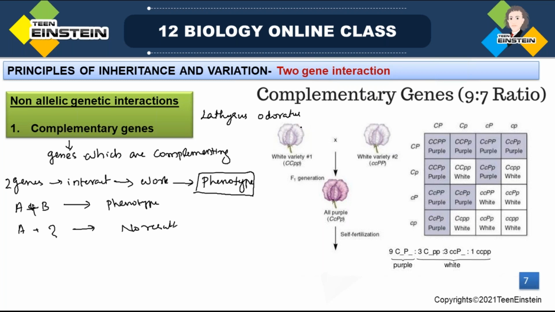This is the scientific name of sweet pea. So this experiment was done by Bateson and Punnett.